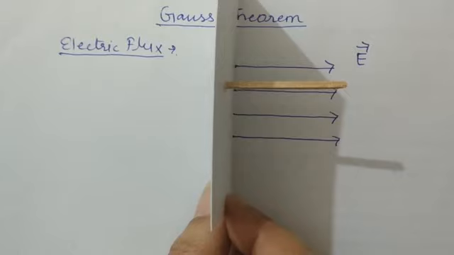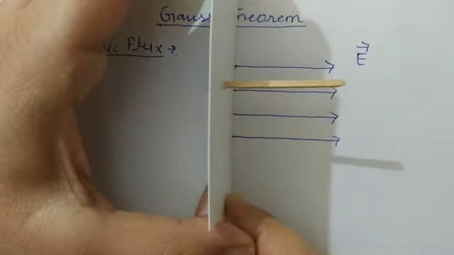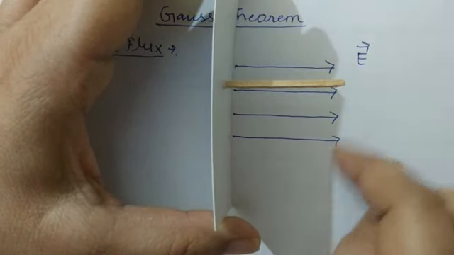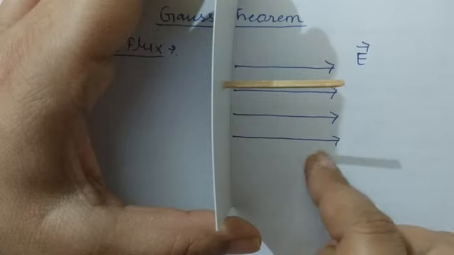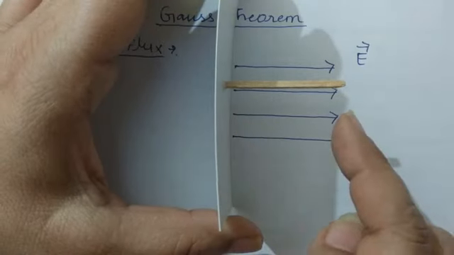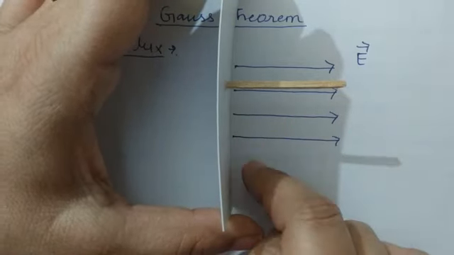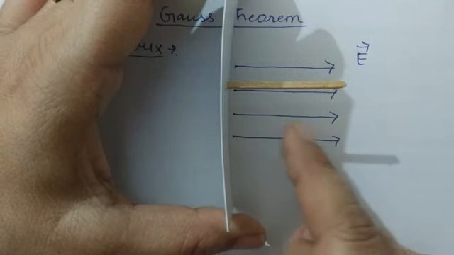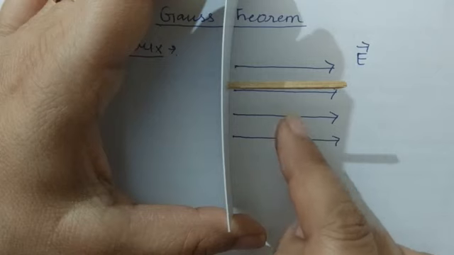So whatever is the number of electric field lines that pass through this area, if I count, suppose 1, 2, 3, 4, so 4 electric field lines are crossing through this area. So this number of electric field lines which are passing through this area perpendicular to it is called electric flux.